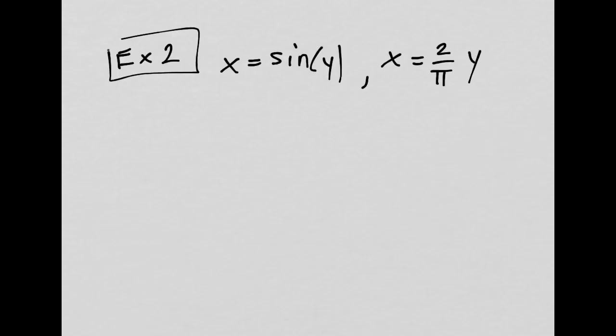So we have the same instructions. Sketch the region bounded by these functions, and then calculate the area for that region. Here is your hint that you should be integrating with respect to y.